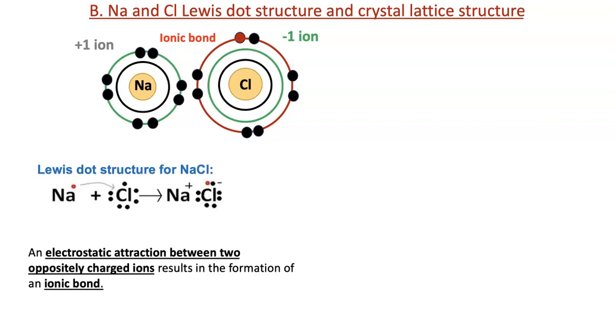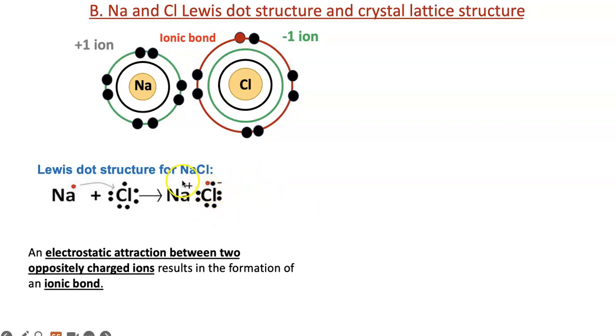So when you draw Lewis dot structures, you should draw it like this. Sodium Lewis dot structure is this, and the valence electrons of chlorine has 7, and then sodium loses that electron and becomes a plus 1 ion. In ionic compound Lewis dot structures, the metal has always lost its electron and the non-metal has gained extra electrons.